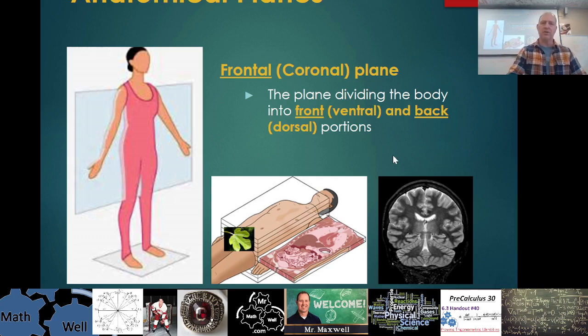So the frontal or coronal plane, the plane dividing the body into front and back portions. Again, when we're talking about anatomy and physiology, there are these names you're going to have to study.